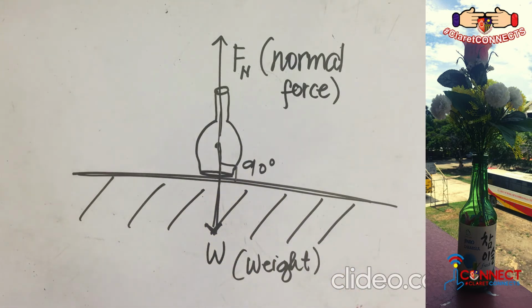While weight is the total amount of force that a certain object can have that is dependent on its mass. And we define weight mathematically as weight is equal to the mass of the object times the acceleration due to gravity with respect to the perspective of the object.